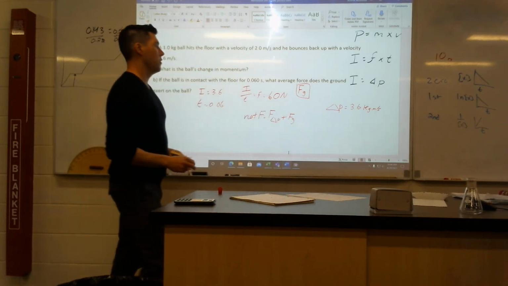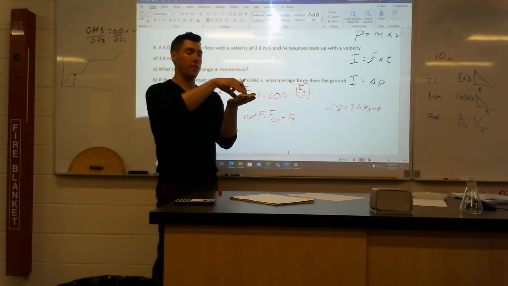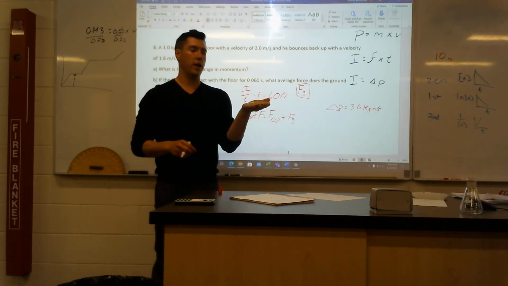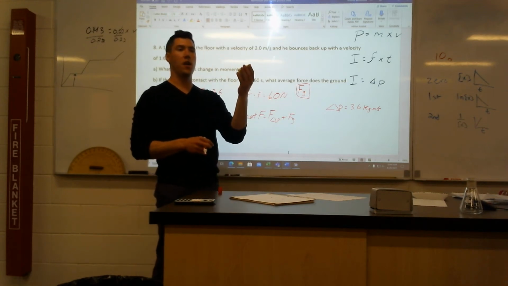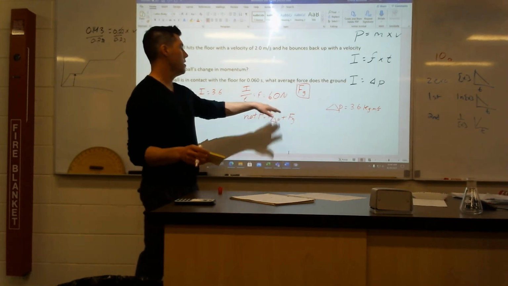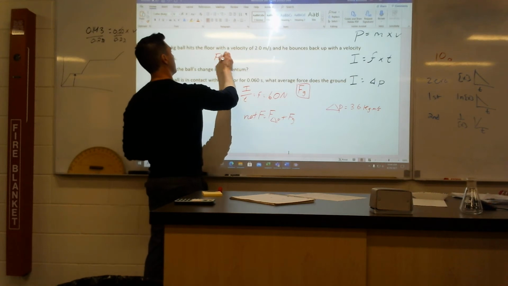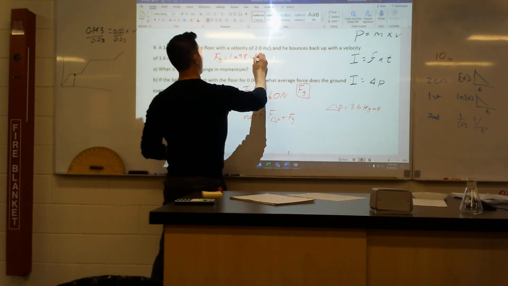Because if I just hold this here, what is the average force on it? Well, it's 1 times 9.8, so 9.8 from gravity. If I am now changing the momentum, I have to exert more force on top of that. So it's my 60 plus the force of gravity, which in this instance is 1 mass times 9.8, so 9.8.